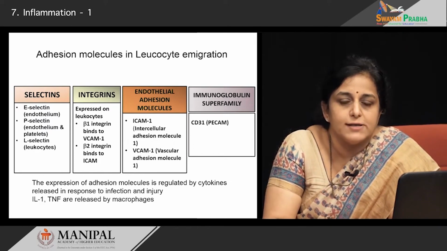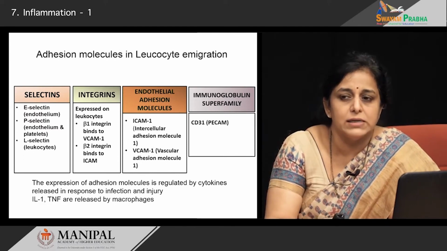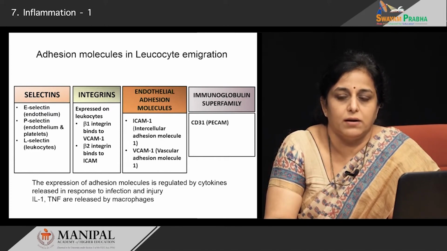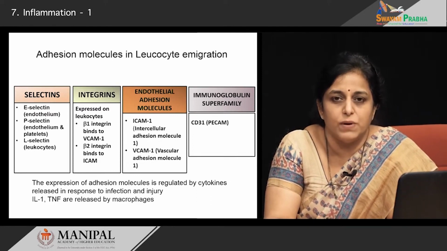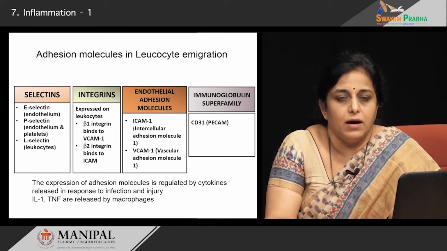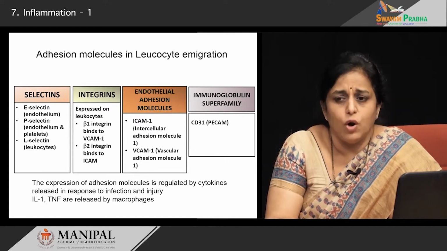Now, what causes the expression of these adhesion molecules, whether on endothelial cells or leukocytes? It's cytokines. We learn about cytokines in a subsequent class, but cytokines, as the name says, cyto is cells. They are certain substances which are released by cells, for example macrophages and other leukocytes, which cause their expression on endothelial cells and also leukocytes.